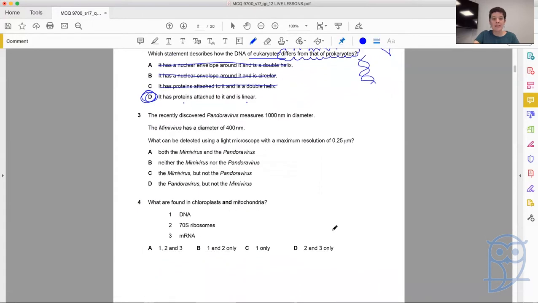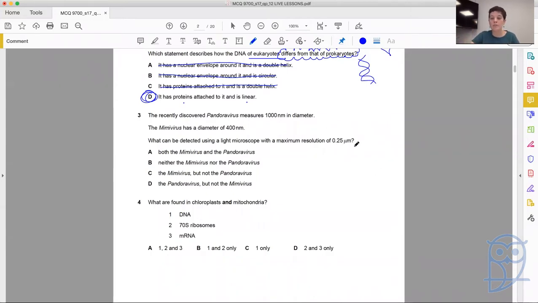The recently discovered Pandoravirus measures 1,000 nanometers in diameter. The mimivirus has a diameter of 400 nanometers. What can be detected using a light microscope with a maximum resolution of 0.25 micrometers? Now remember, for things to look at resolution, we have to be going in terms of what's going to interrupt that wavelength.